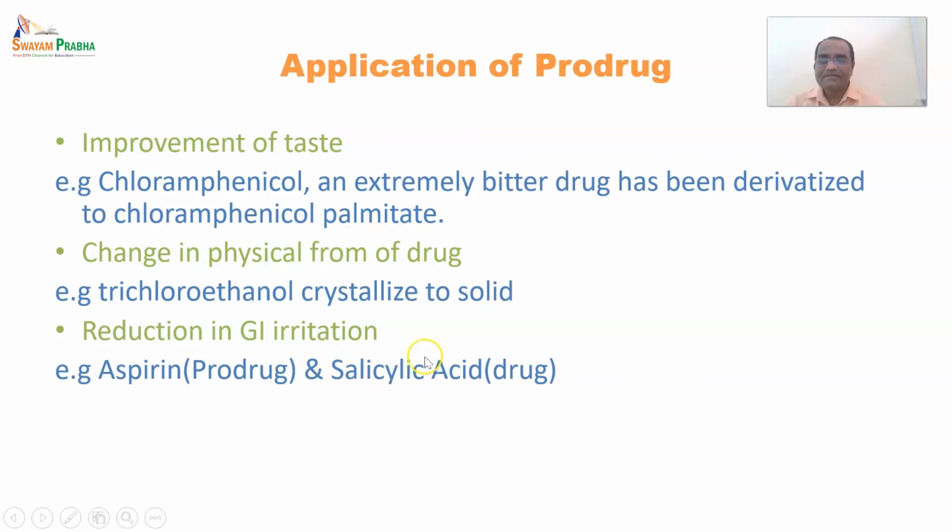Salicylic acid, as the name itself indicates, has an acid, and this acid causes irritation in the GI tract, due to which it is converted to aspirin. The acidic functional group is converted to an ester, which forms a prodrug, and once it enters the stomach there is no irritation.